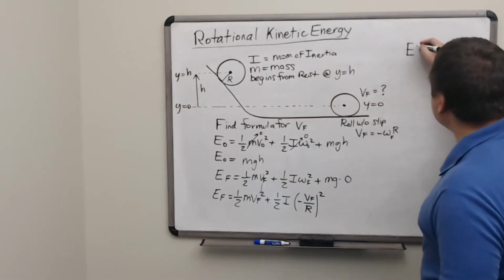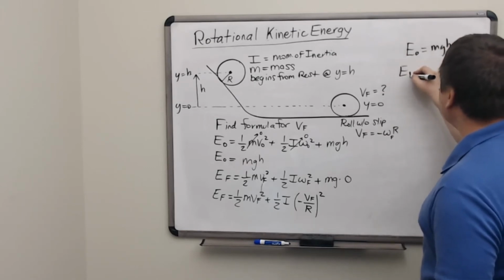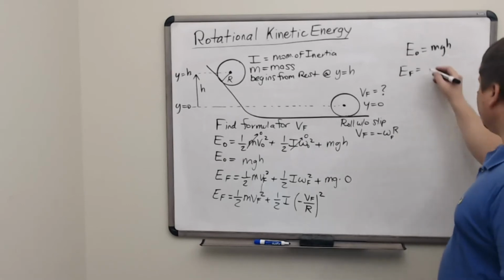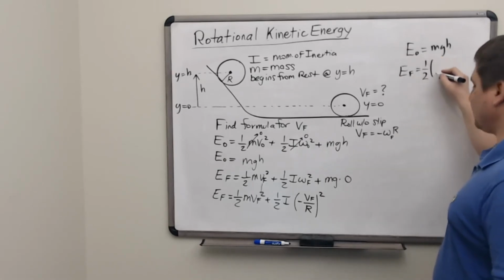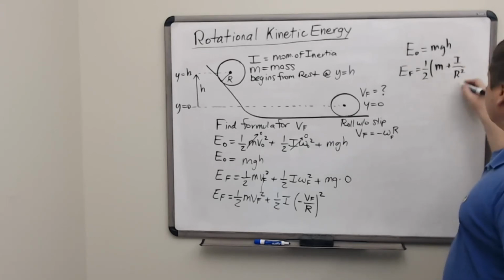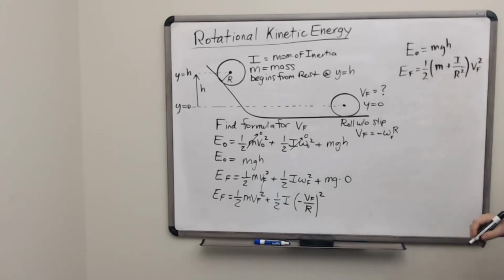I'll rewrite E0 as mgh, and I'll rewrite EF. We'll have 1/2 times the quantity m plus moment of inertia divided by radius squared times the final linear velocity squared.